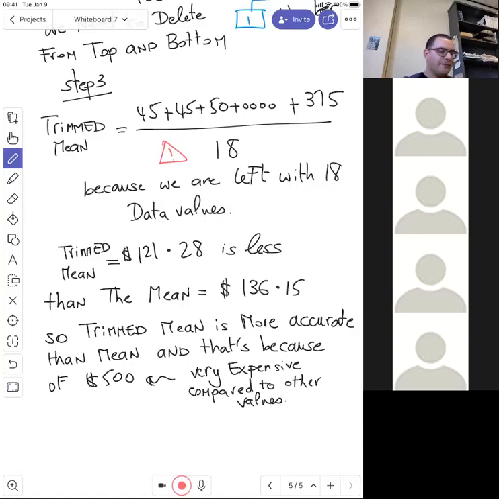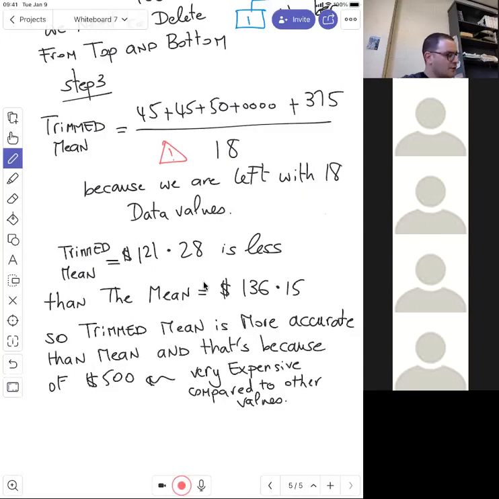So once you delete this $500, you can get a more accurate mean, I guess. All right, are there any questions, guys, about the trim mean? So that's how it works, the trim mean.